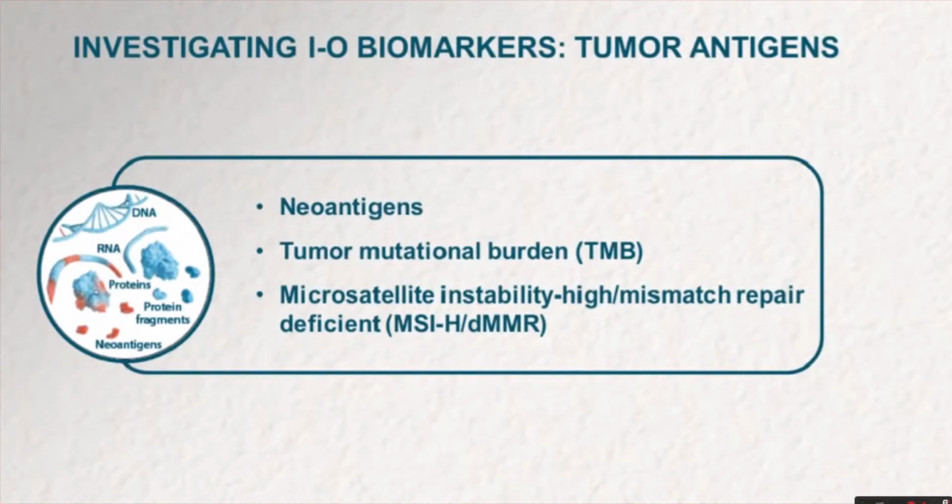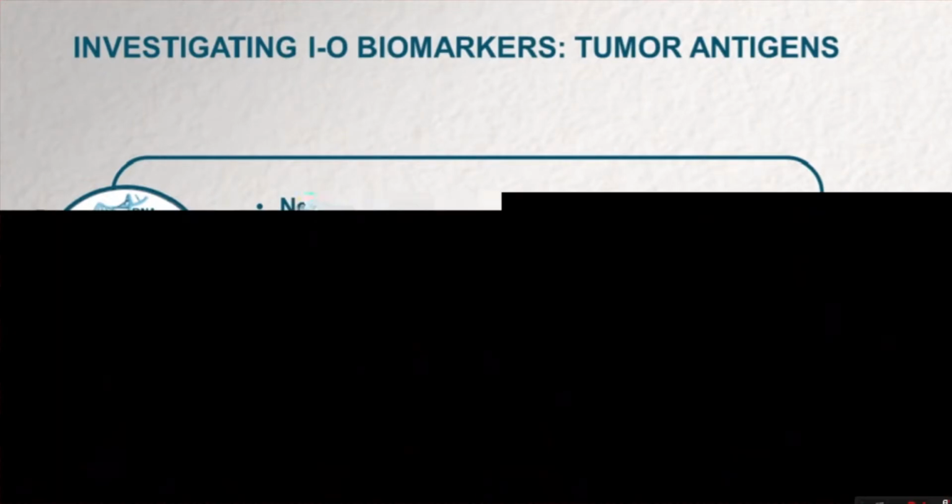Starting with tumor antigens, it's now known that many tumors produce something called neoantigens. These are usually altered proteins or antigens that are created often through a process of mutation within a cancer, and that these neoantigens may become targets of immune response.